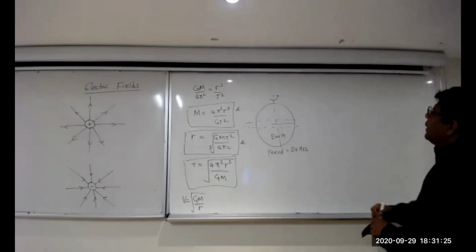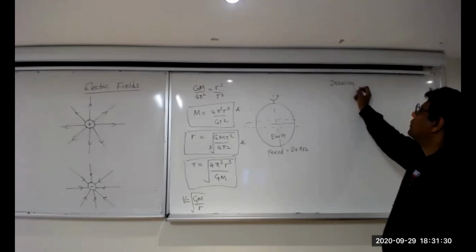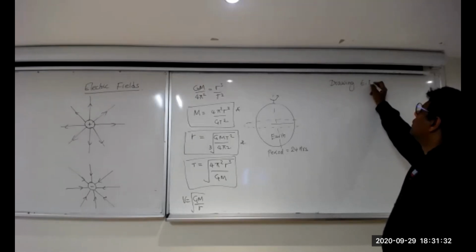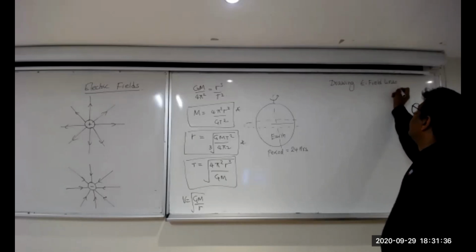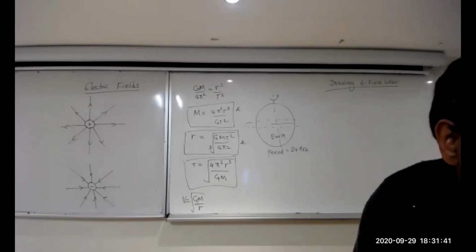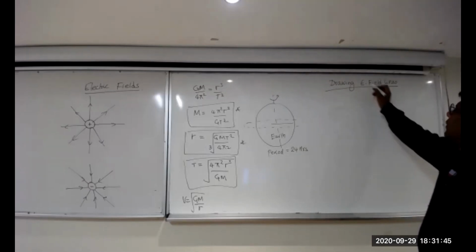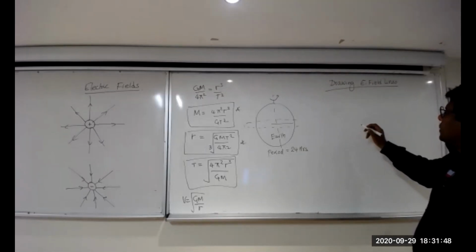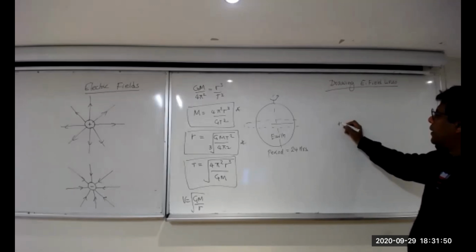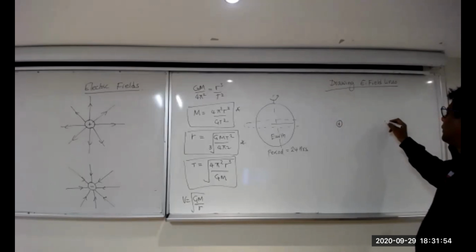Drawing the electric field lines. So if I have a positive and negative, individually, they're going to attract each other.